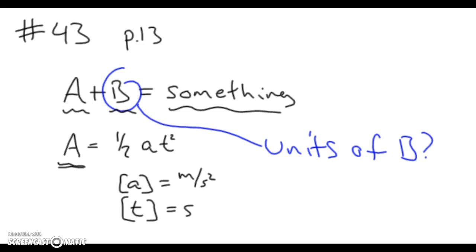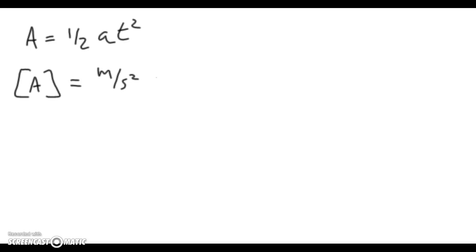So just to write this out a little bit differently, if we write this just in terms of the dimensions or the units, we forget the 1/2, and we can write it out this way.